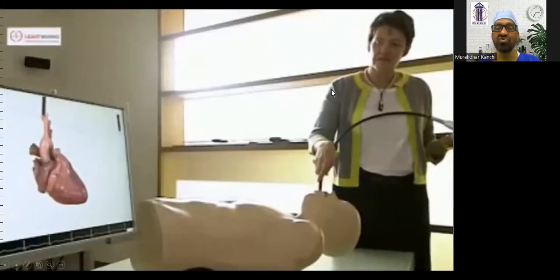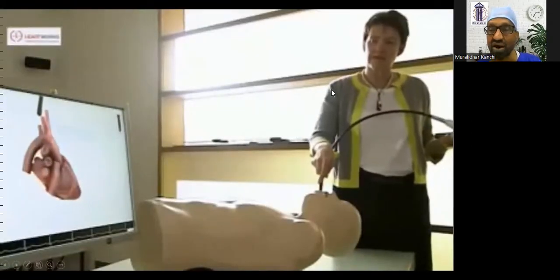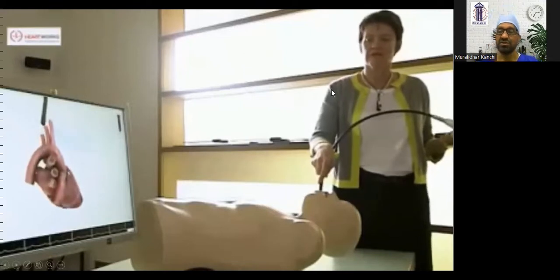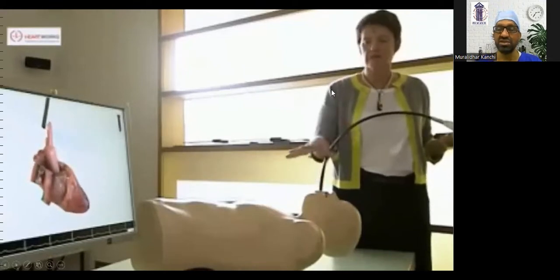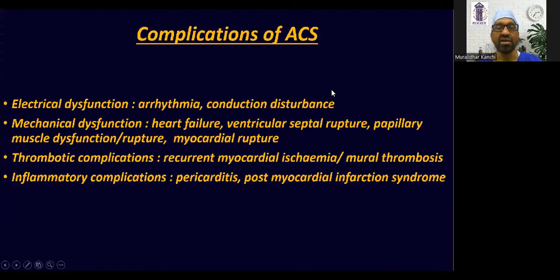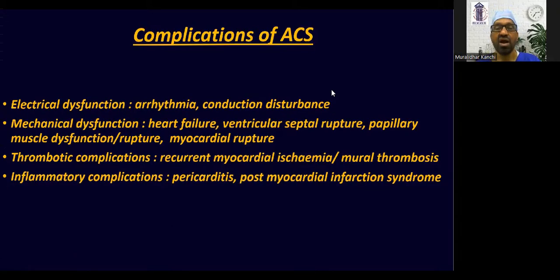The cardinal feature of this system is a realistic model of the heart and great vessels that facilitates easy insertion. And let us see some problem cases. For example, complications of acute coronary syndrome.